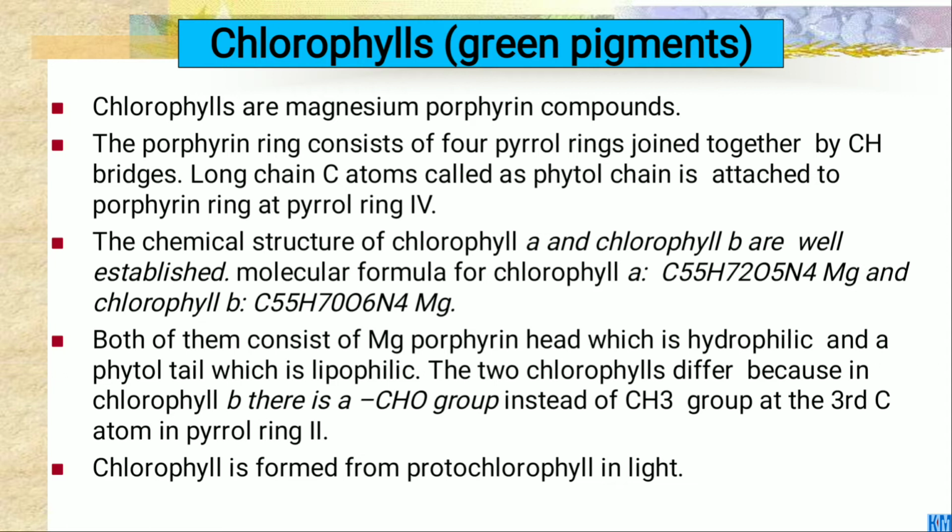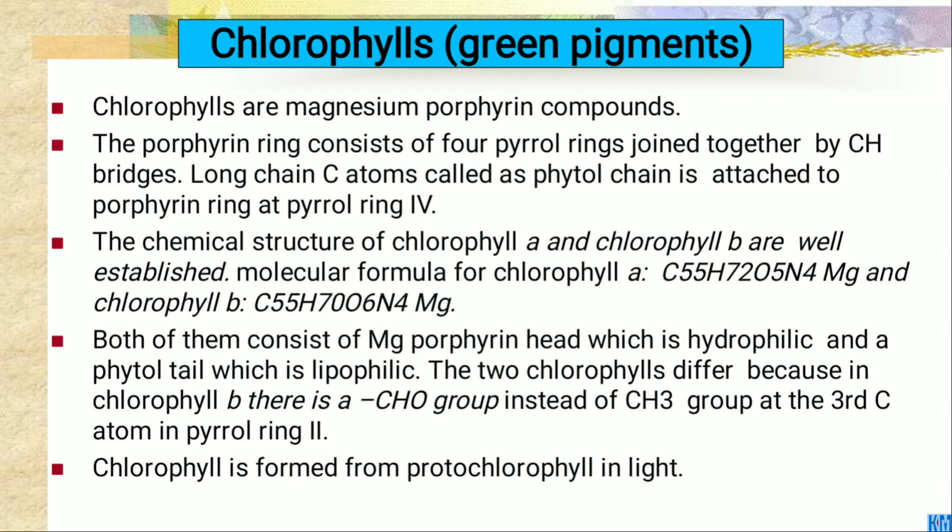Okay, it's clear. Both of them consist of a magnesium porphyrin head, which is hydrophilic, and a phytol tail, which is lipophilic. The two chlorophylls differ because in chlorophyll B there is a CHO group instead of a CH3 group at the third carbon atom in the second pyrrole ring.